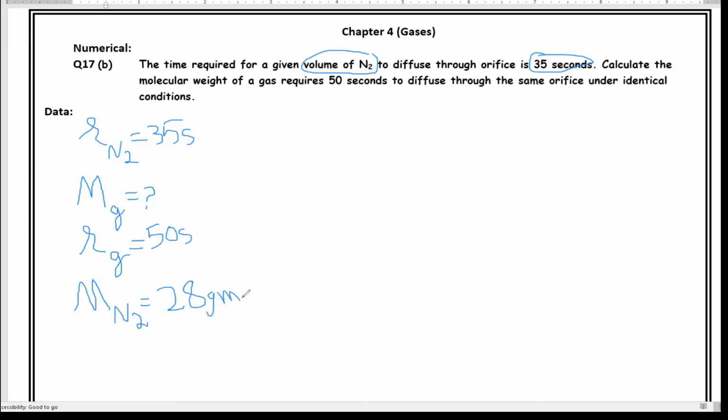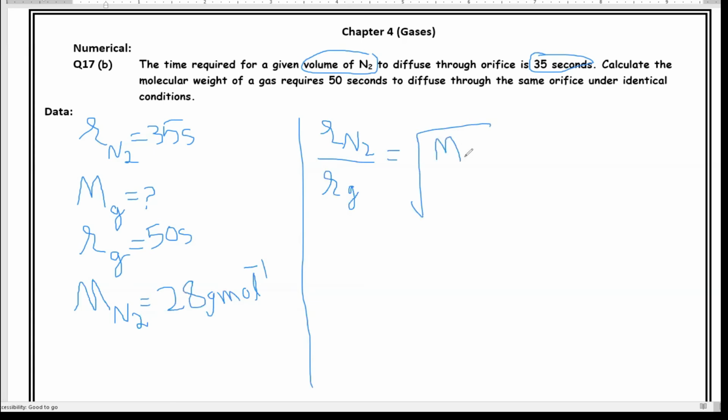Now apply the formula of rate of diffusion by Graham's law. According to Graham's law, rate of diffusion of gas 1, that is nitrogen, divided by rate of diffusion of unknown gas G, that's equal to under root molar mass of unknown gas G by molar mass of nitrogen.